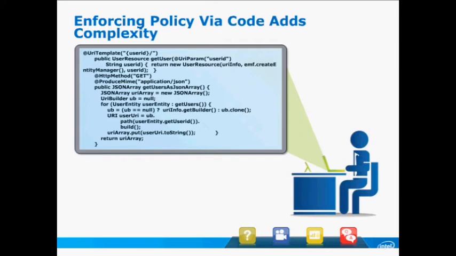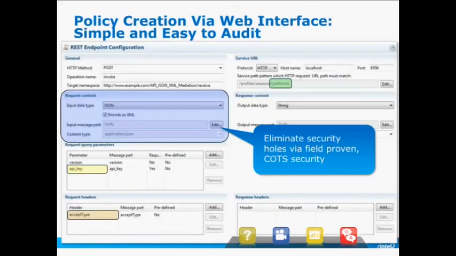An alternative approach to adding code is through more of a visual policy. The approach that we advocate is the gateway approach. So having a centralized interface, as you deploy your API, you can create a policy.